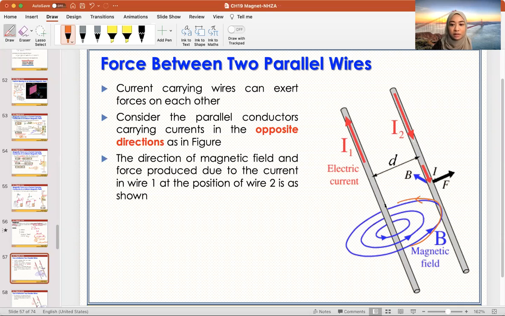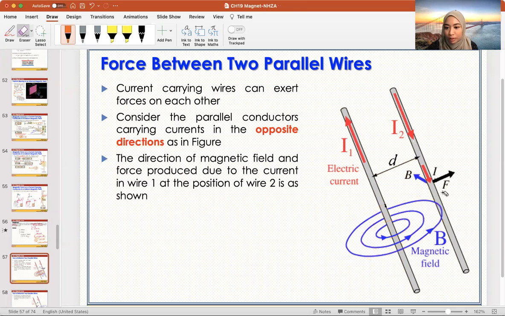Why is it important to draw this? When I draw this, I can draw it over here and I can stop. But because I have another wire over here, I need to extend my B so that it reaches the other conductor. Why is this important?